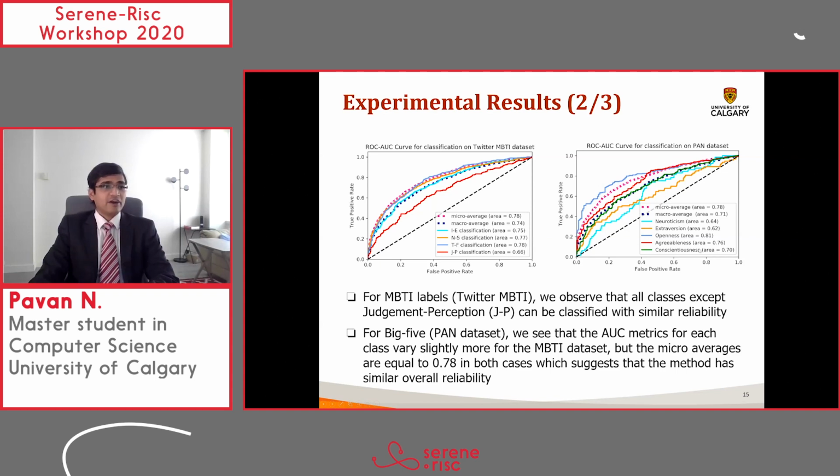And for the Big 5 personality traits, we see that the reliability is different for different dimensions. The best was for openness and then the introversion extroversion dimension. But the micro average AUC was similar to the one in MBTI. This can be attributed to the reduced number of users, as well as the increased number of dimensions that we need to classify upon.